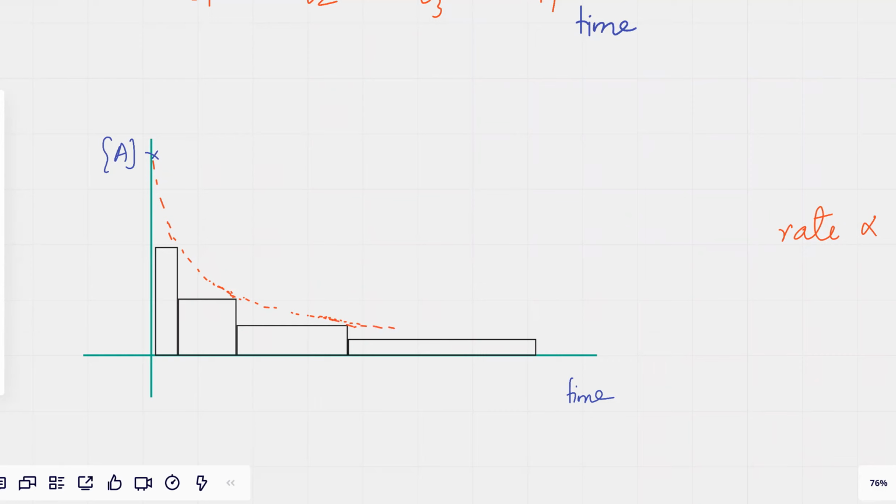So it's continuously slowing down. And every time, the half-life becomes double the previous half-life.